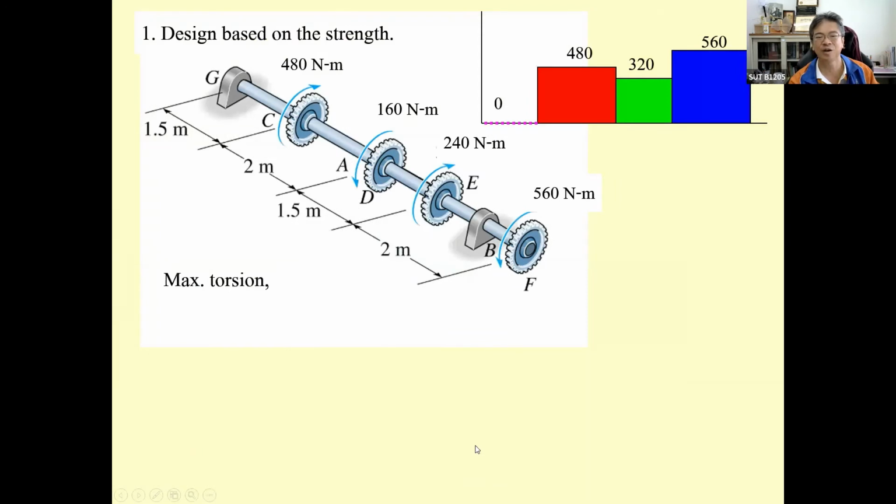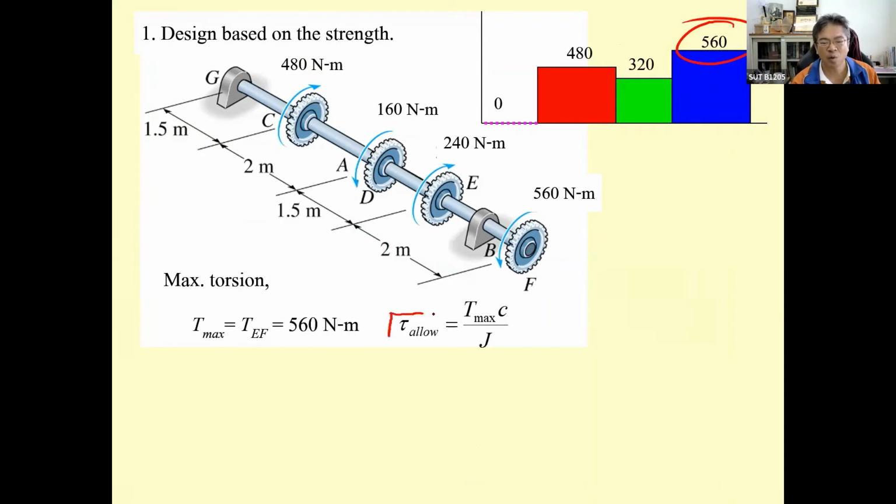The same thing. We have to determine the torsion, and the torsion is from the same diagram. The maximum torsion is 560. So we use this one to design the D sub O on the basis of tau allowable. So this is going to be 150 megapascal.